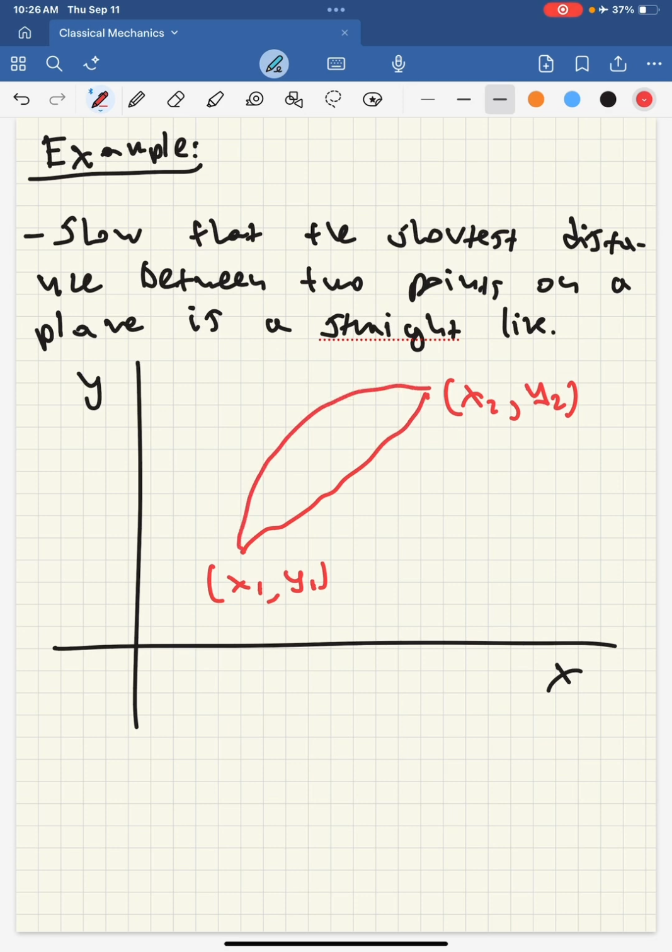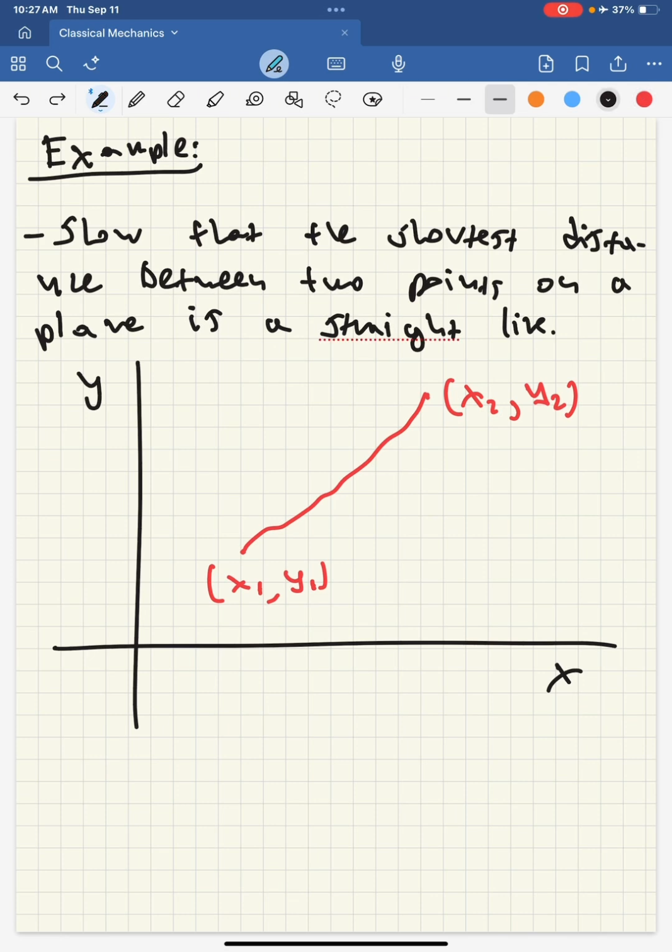There is an infinite number of lines that pass through these 2 points, but we have to find the shortest, the one that allows you to move from x1, y1 to x2, y2 in the minimum possible distance, okay? So the line that has the minimum possible length, pretty much, okay?